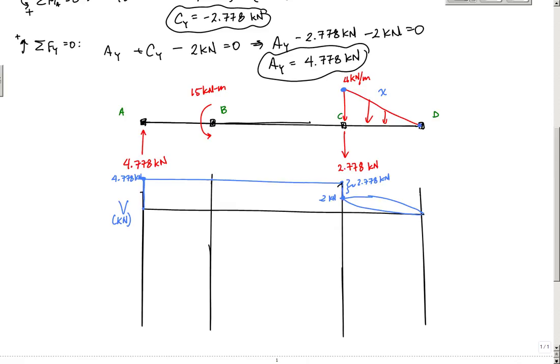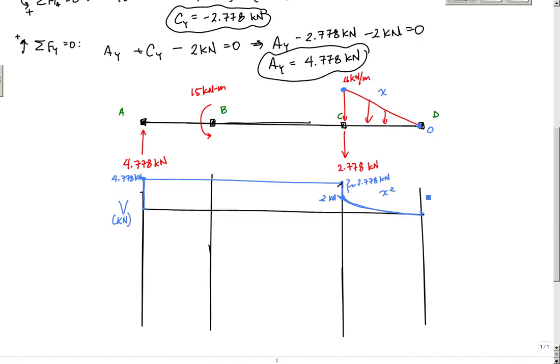So right here I should have a slope of -4, which means my bottom curve is the way the parabola should go, like this. Then down here, the distributed load is 0, so I should be horizontal right here. So this should be an x squared right here.